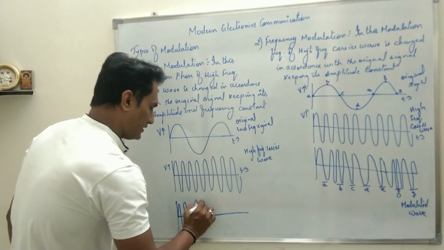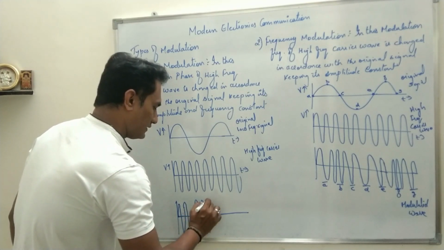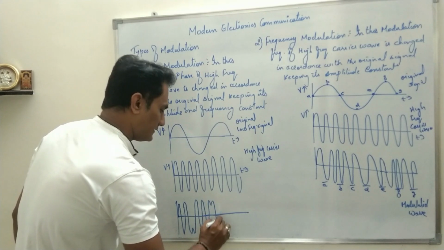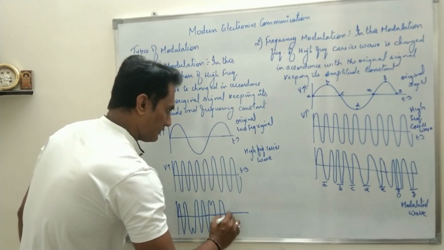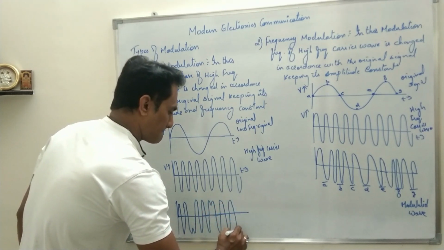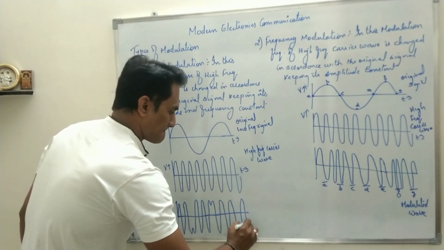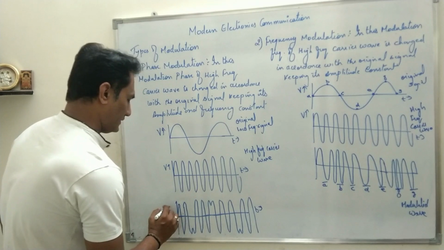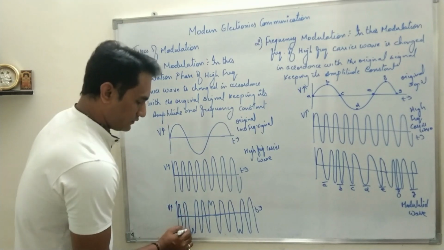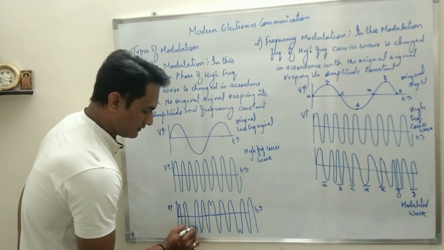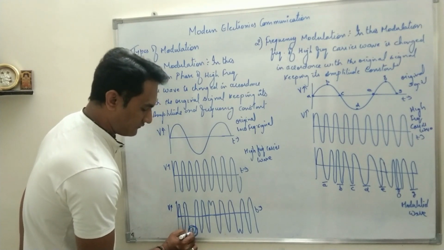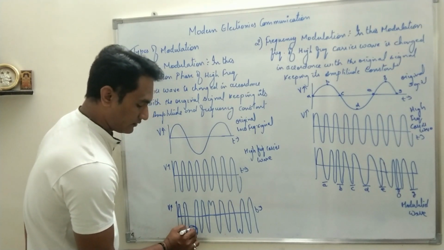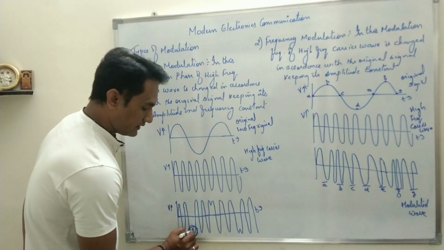We are keeping the amplitude and frequency constant. We are just changing the phase. Okay, this is V. So here we have changed the phase, here it is lagging. Okay, so this is lagging phase shift.